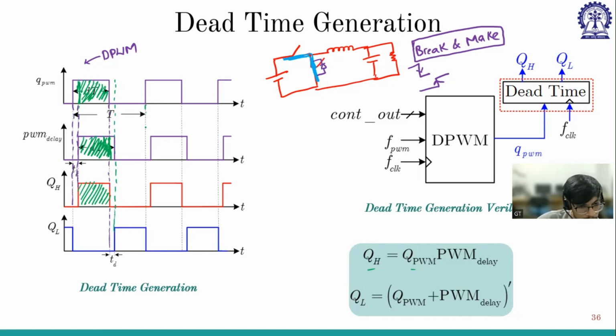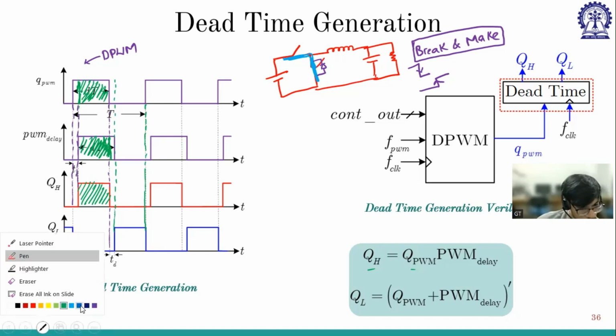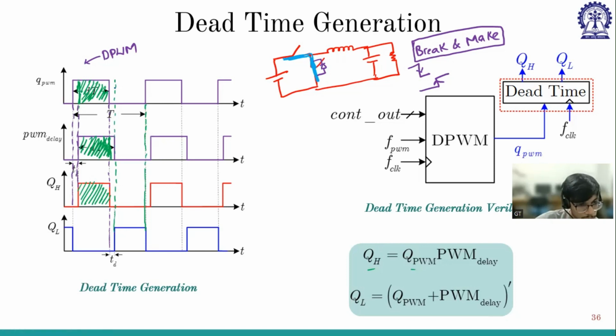If you see, before this, PWM is 1, so the sum is 1 and QL will be 0. And after this, QPWM is 1 for some time, so the output will be 0. So only in this region does QL become 1.